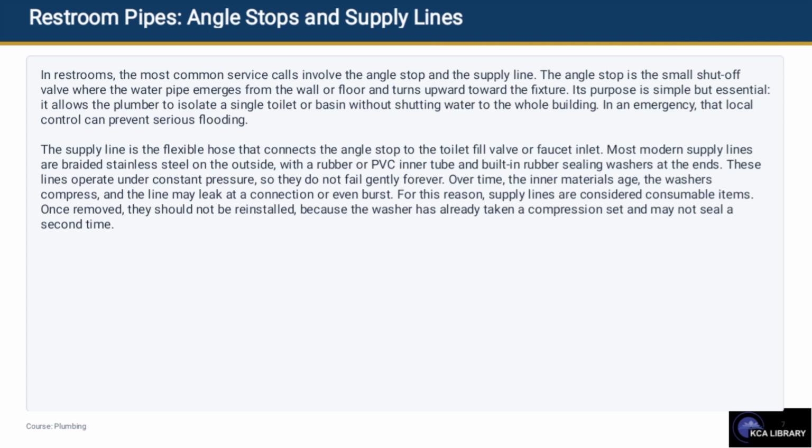Over time, the inner materials age, the washers compress, and the line may leak at a connection or even burst. For this reason, supply lines are considered consumable items. Once removed, they should not be reinstalled, because the washer already has a compression set and may not seal a second time.